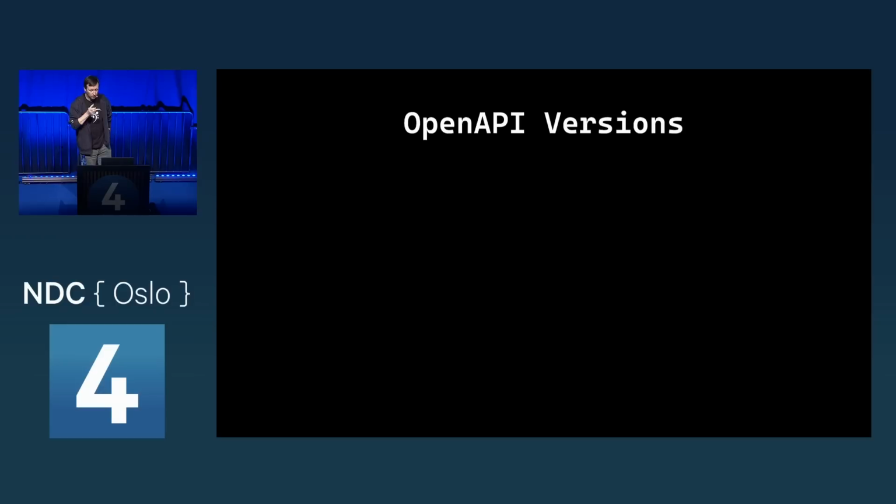So let's start. We'll talk about the OpenAPI versions. OpenAPI 2.0 was Swagger. So there was Swagger 1 and Swagger 2.0, and then with Swagger 2.0, they said, okay, this is going to be a standard, we're going to call it OpenAPI, people are going to collaborate on it. And then the next version was not called Swagger, it was called OpenAPI 3.0. This is the current version, the thing that's supported by all the tooling and everything else that's out there.